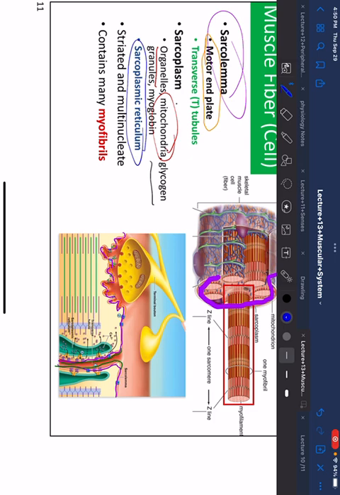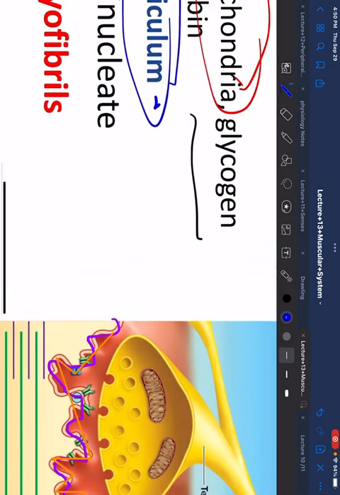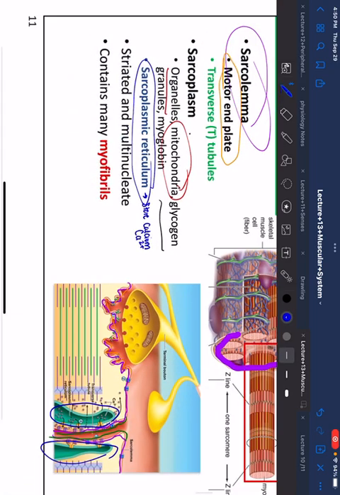And its job in the muscle is to store calcium, Ca2+, calcium ions. So you'll also see that calcium ions are also absolutely required for muscle contraction, in addition to ATP.